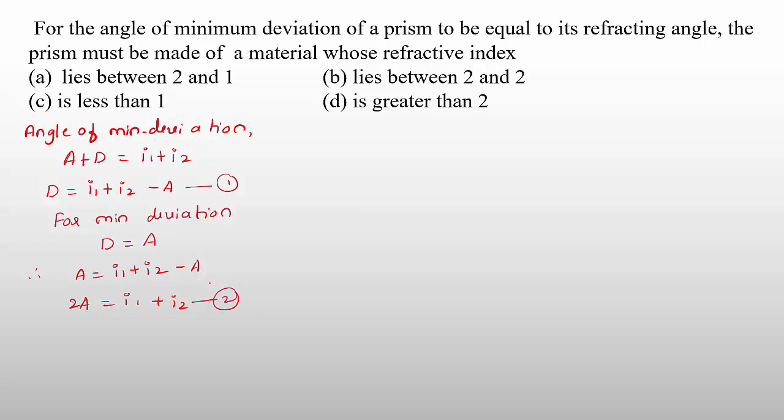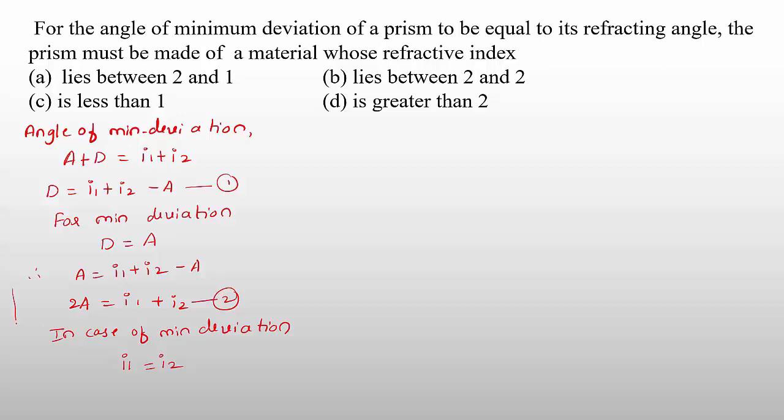But in case of minimum deviation, remember, the angle of incidence and angle of emergence are both equal. We already studied this in the derivation, that is, the refractive index in terms of the angle of prism and angle of minimum deviation.